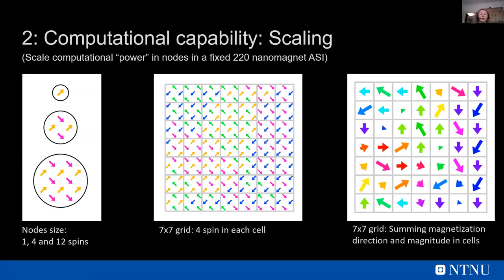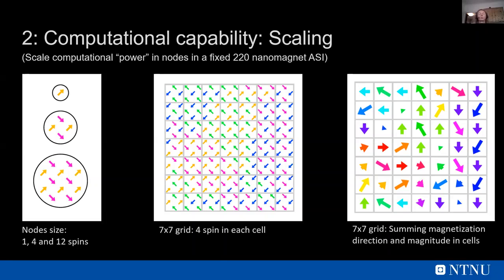By doing that, we can put an imaginary grid on top of our spin-ice system, like shown in the middle here, with a 7x7 grid. There are 4 magnets in each cell, and out of this we can calculate a vector with magnitude and direction. And then we have a finer grid. We don't have the binary output anymore.